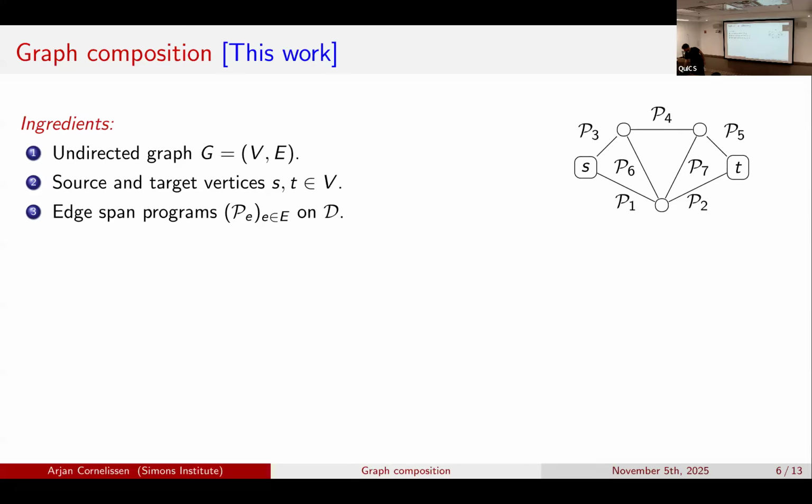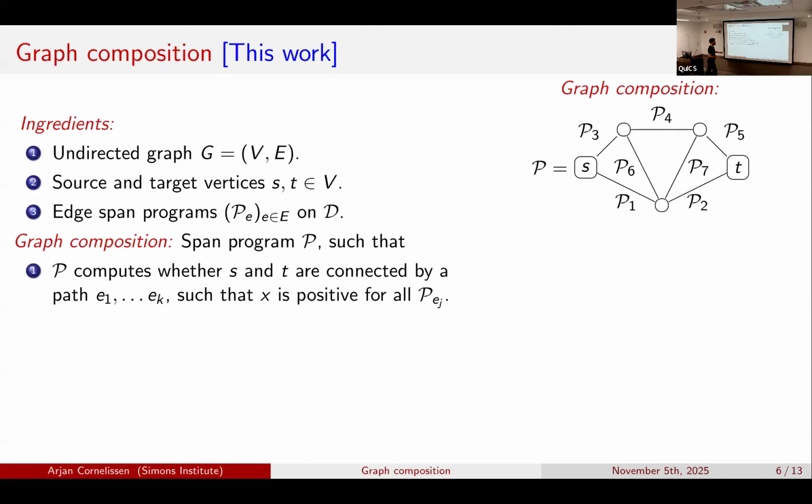And now, what graph composition does is it takes all of these small span programs and this graph structure and generates a bigger span program, which computes the following function: if we now take this input X and we look at all the span programs that are positive in the picture, is it then possible to traverse the graph from S to T along edges for which you are positive?